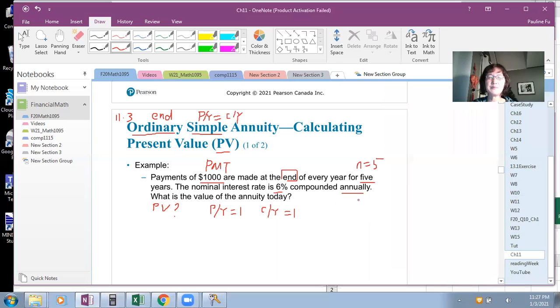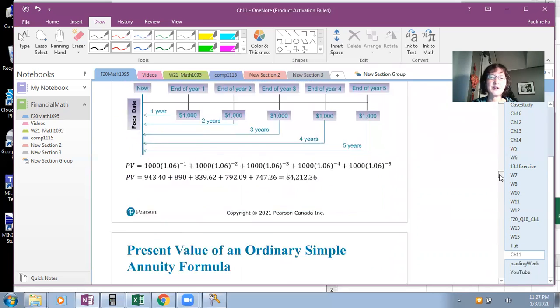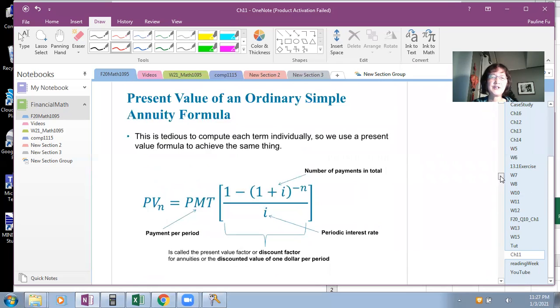And the third method, we are going to use the formula. Present value equals PMT times (1 minus (1 plus I) raised to the power negative N) over I. PMT is 1000. I is 6%.